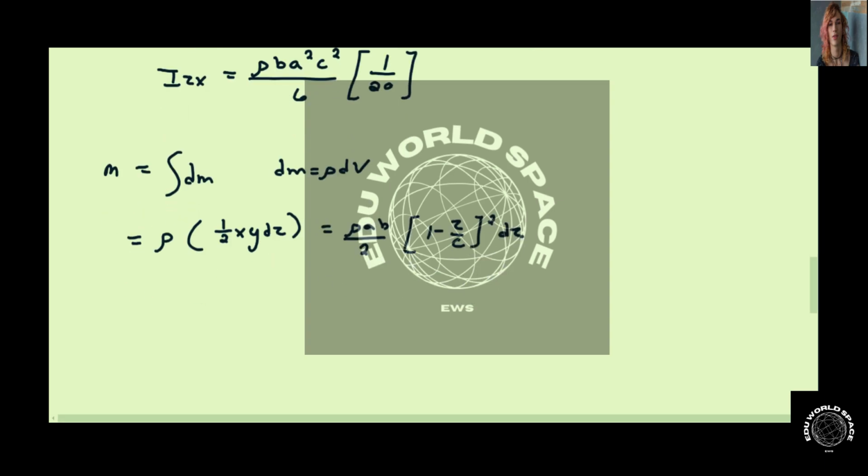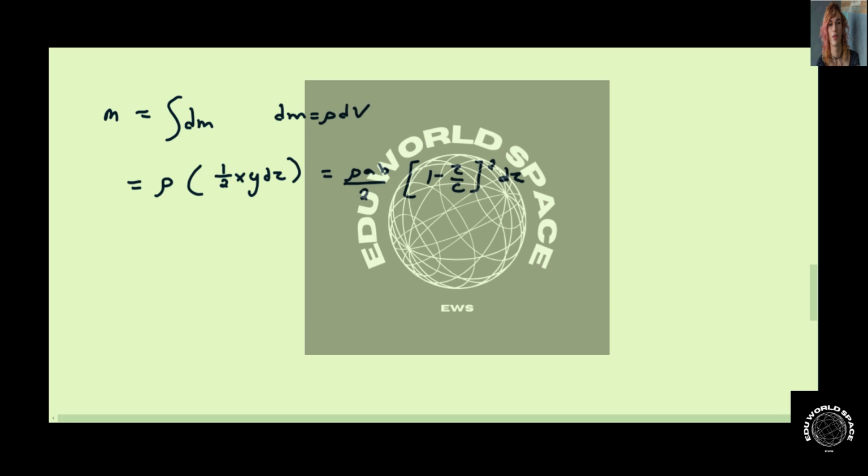And so this, we're just going to do c to 0, 1/2 pab, which is what we have here, (1 minus z over c) squared dz.